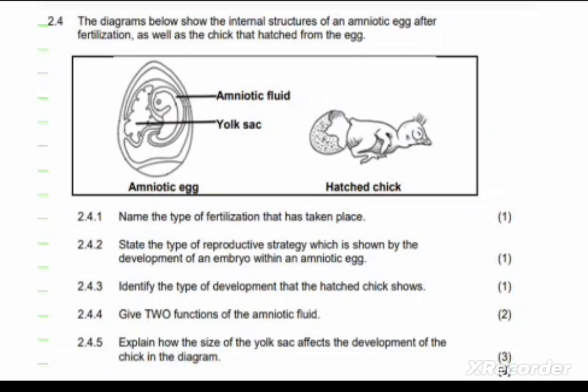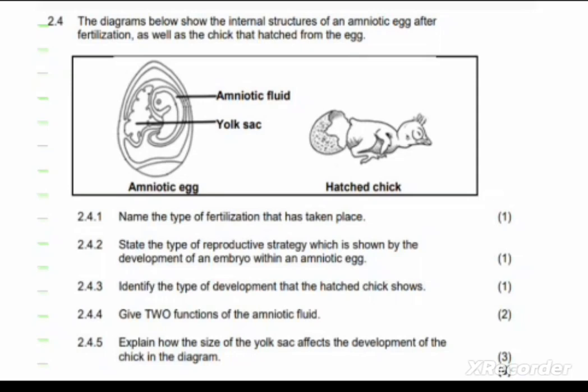So what type of reproduction strategy is this? This is oviparous strategy, oviparity. So the fertilization is internal because it happens inside the female's body and then the eggs are laid.